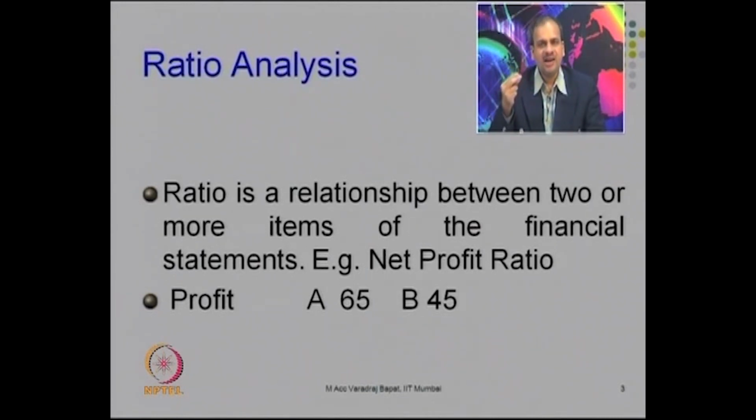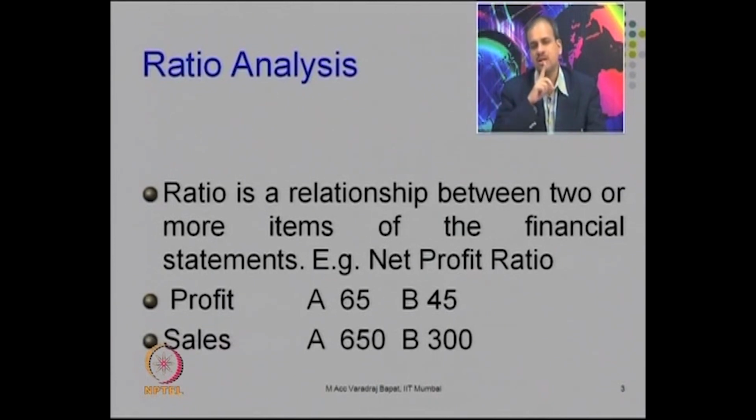But if we really try to know the profitability or profit earning capacity of the entity, we should compare the profit with sales and then only come out with the conclusions. Now, this sales data is given to you. Now, what do you feel, which is more profitable? So, A has a sale of 650 while B has a sale of 300. So, what do you know now?